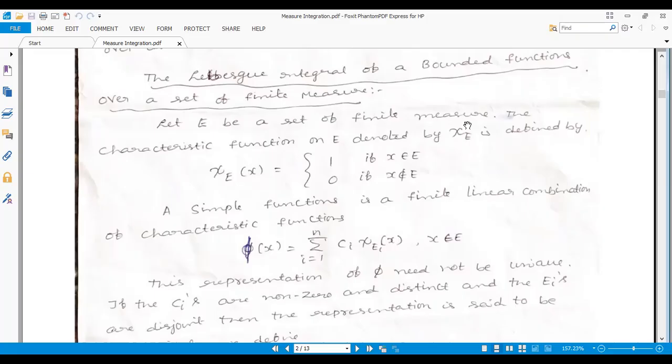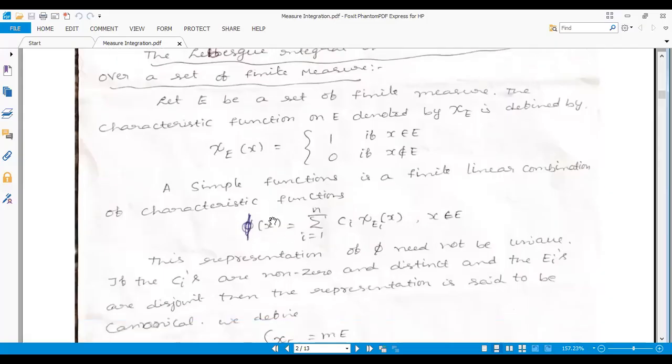After the characteristic function, we discussed the simple function. I already mentioned the definition of a simple function. Again, a simple function is a finite linear combination of characteristic functions, which can be represented as phi of x equal to the summation of i running from 1 to n of c_i chi_{E_i} of x, x belongs to E. This representation of phi is not unique.